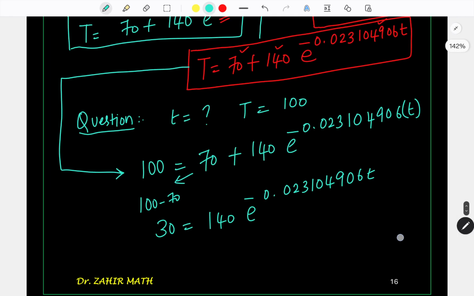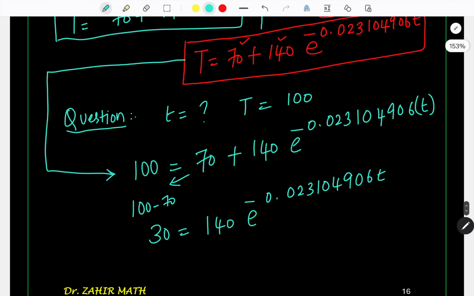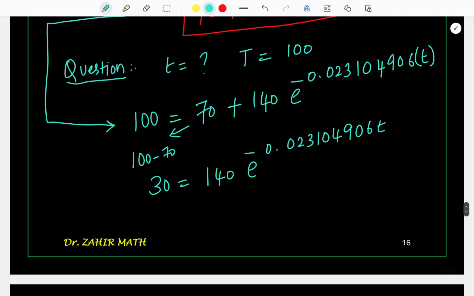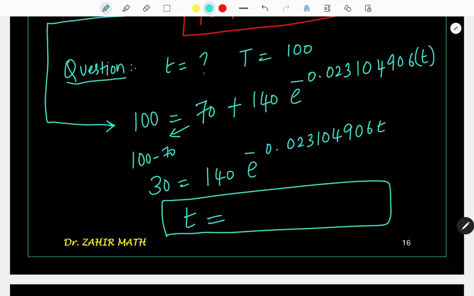Let me take this into the calculator. 30 alpha equals 140 alpha e power minus 0.023104906 bracket open alpha x bracket close, shift calc equal. So I have to get the value of t. Yes, I got it quickly: 66.67. All the decimals, nothing wrong in that.